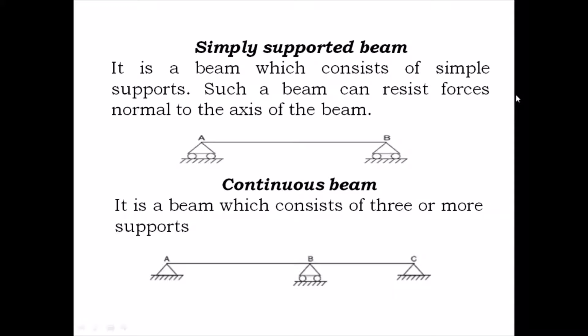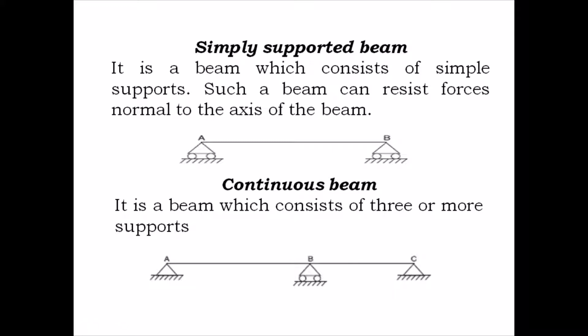That is nothing but a beam which can resist the translation of the beam along only one direction. So a simply supported beam is a beam which is supported at both the ends, and that type of beam is called a simply supported beam.